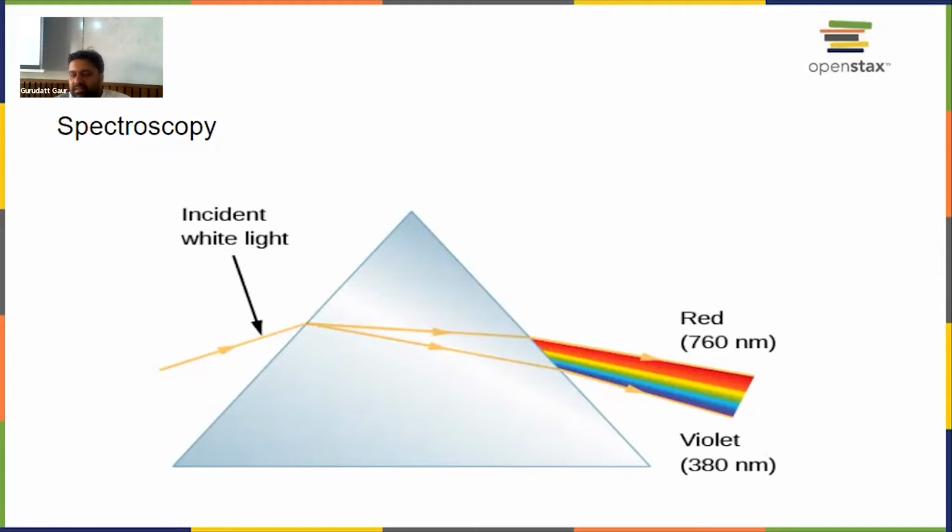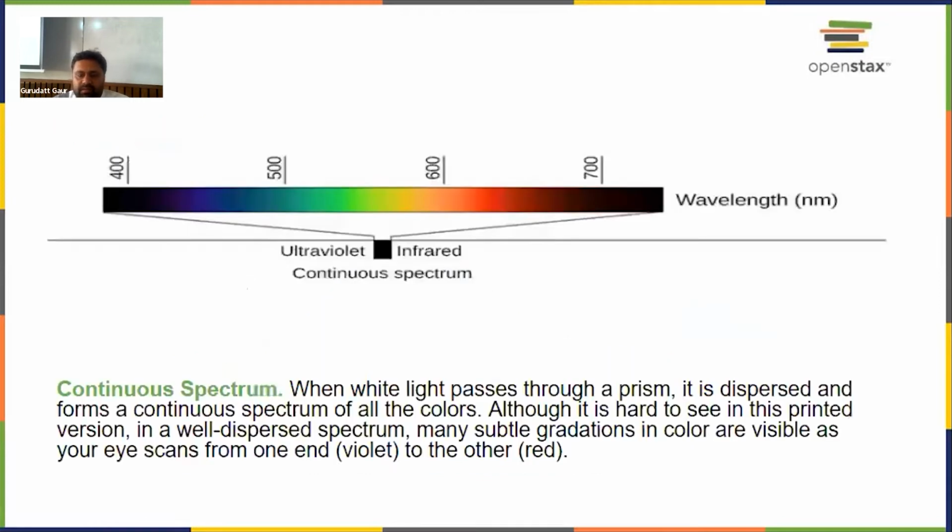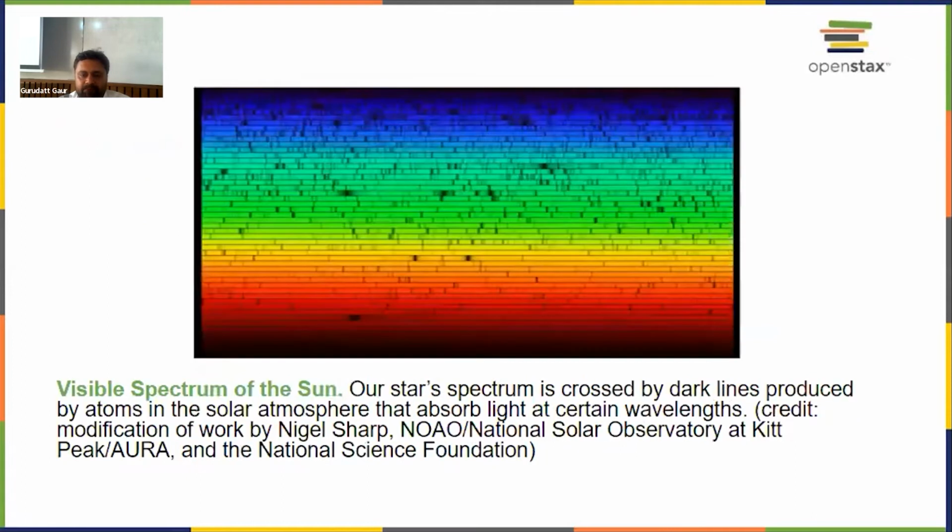This is another property we are going to use in spectroscopy. So this is just to show how the light spreads in the wavelength spectrum. Then people tried to do this experiment with sunlight, and they observed this kind of spectrum.